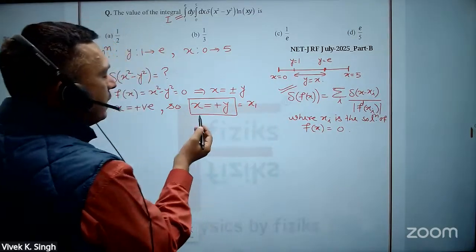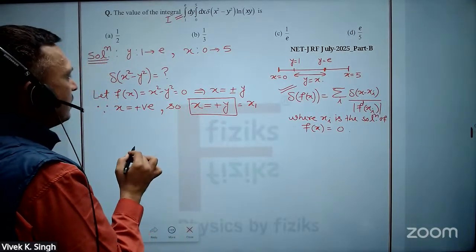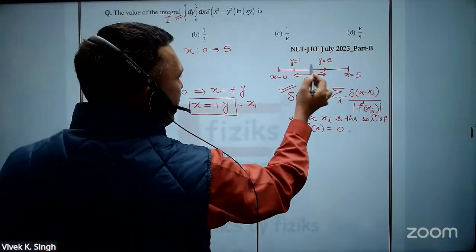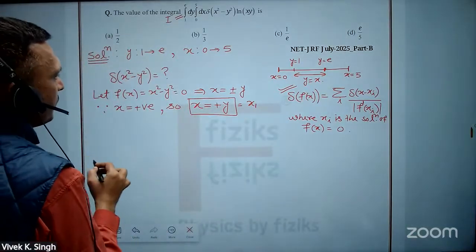When we are treating the x variable, I am taking y as a constant. And in the range 1 to e, y and x have the same value.